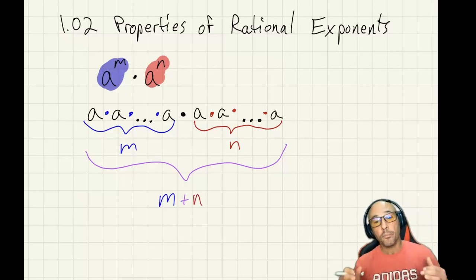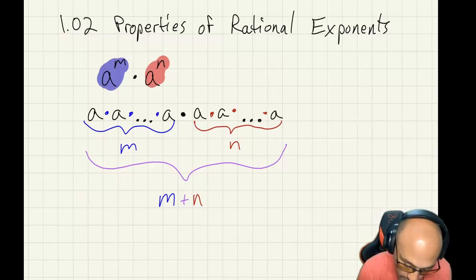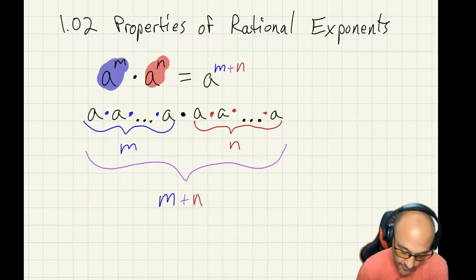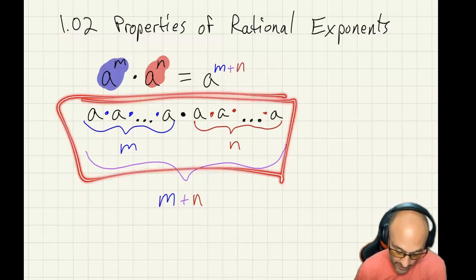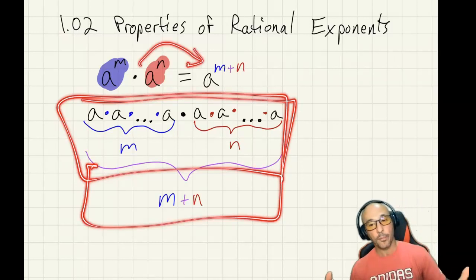So we're multiplying a by itself, m plus n times. So really what we can do is this is equal to a to the m plus n. So we don't have to write this out like this. We can just go straight from there to there, and that'll be fine.